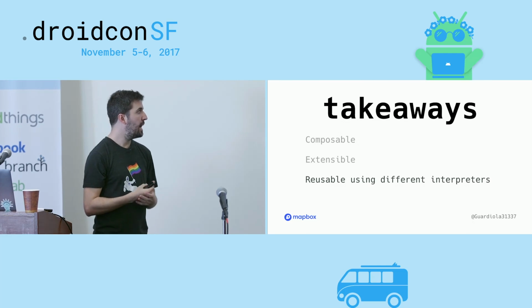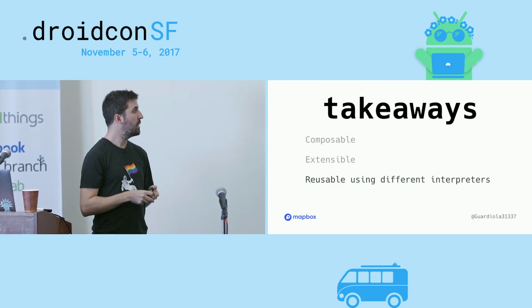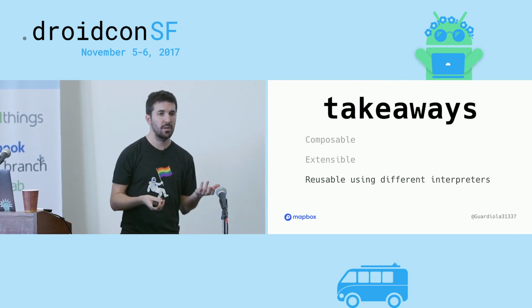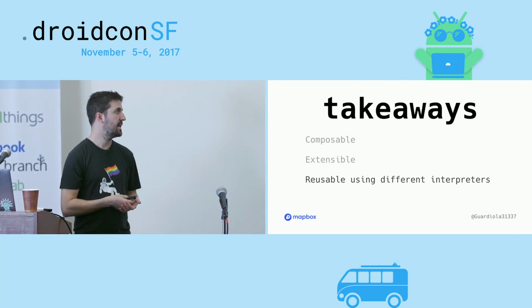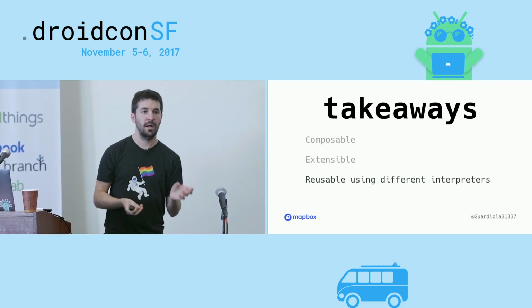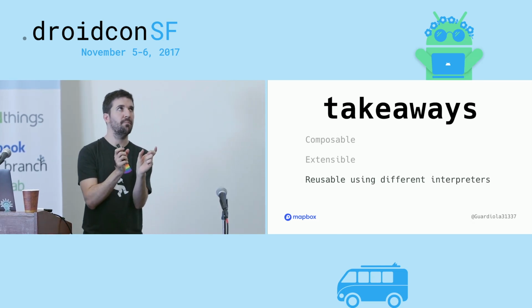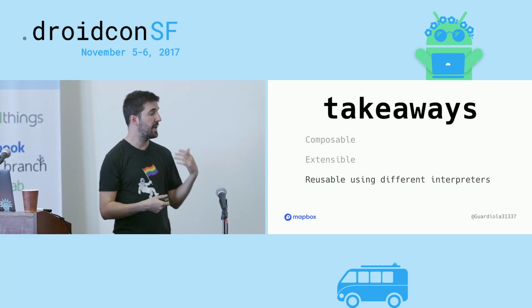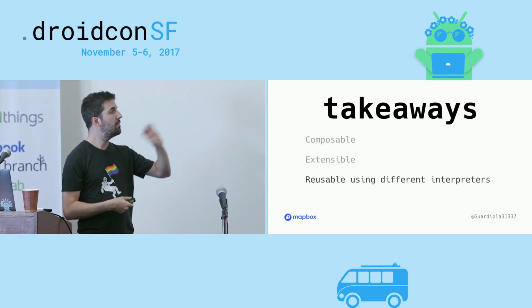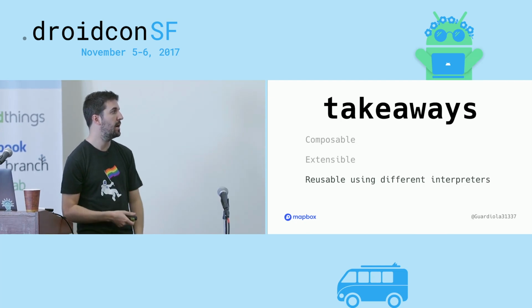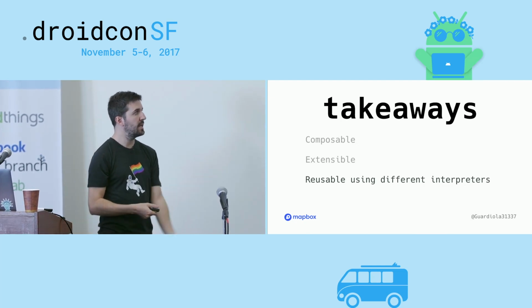And then we should also support reusability, in the sense that the DSL needs to be reusable, and this is done using different interpreters. And again, you don't need to think about the algebra or what it is doing.